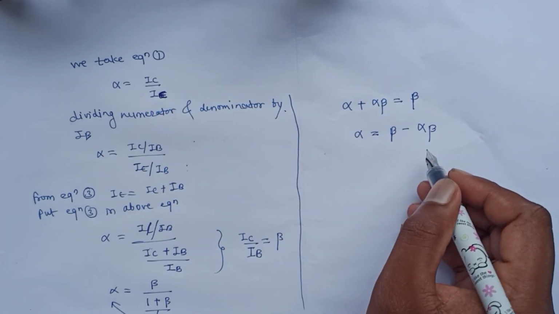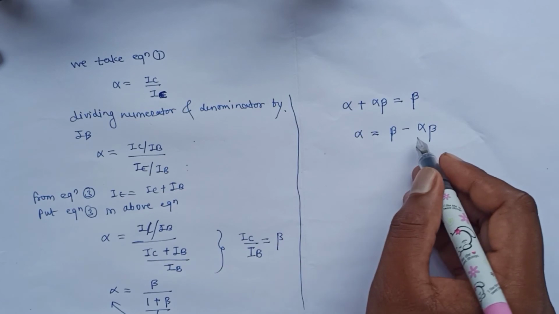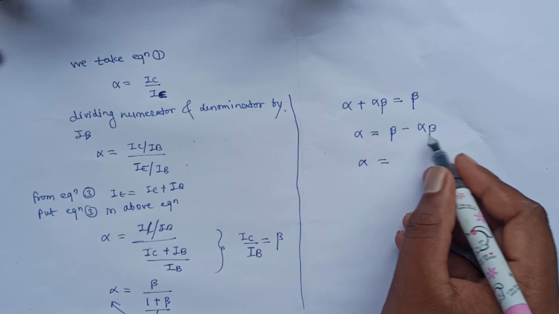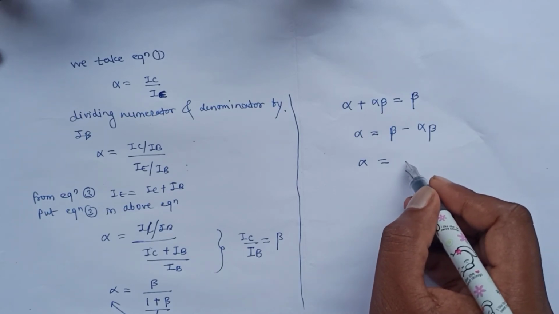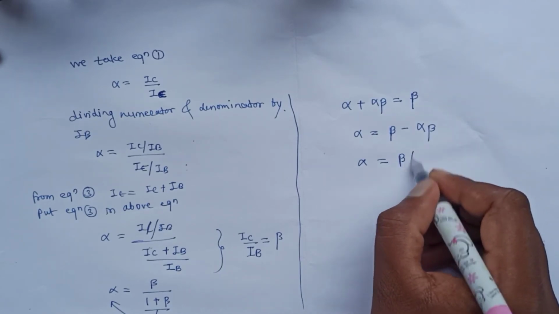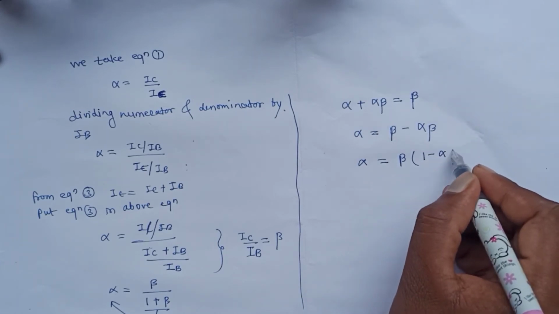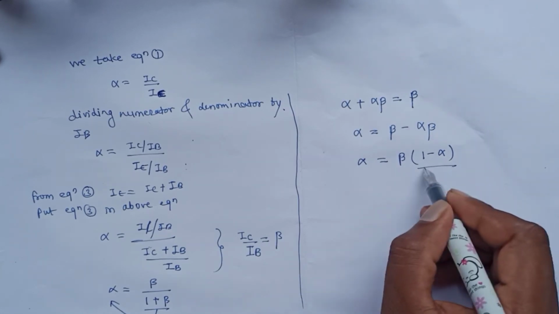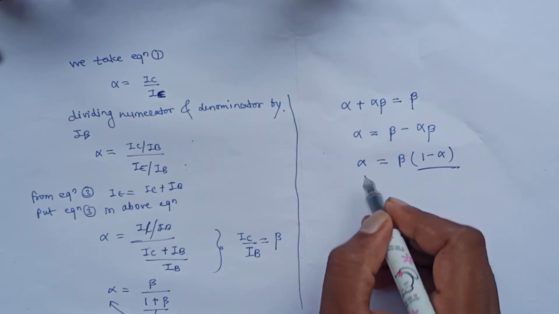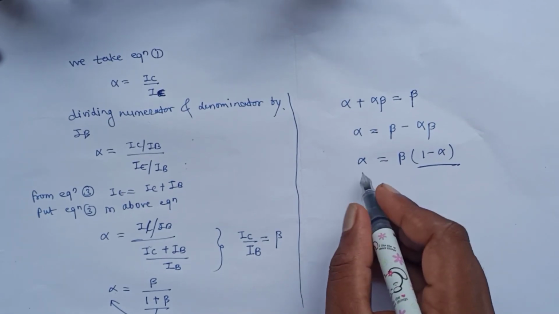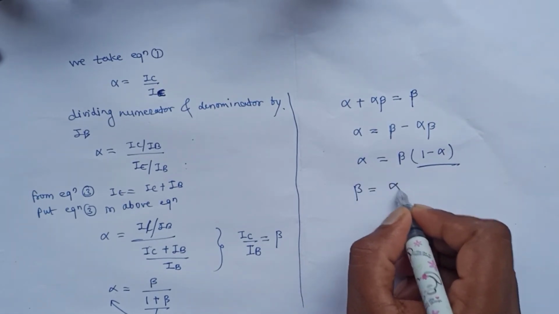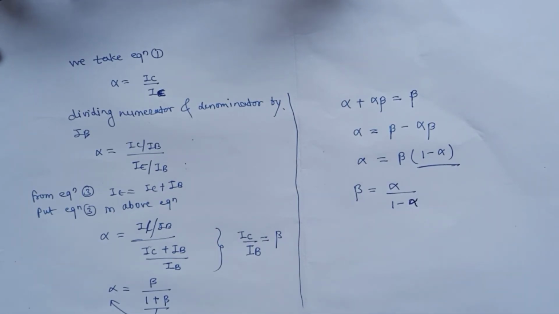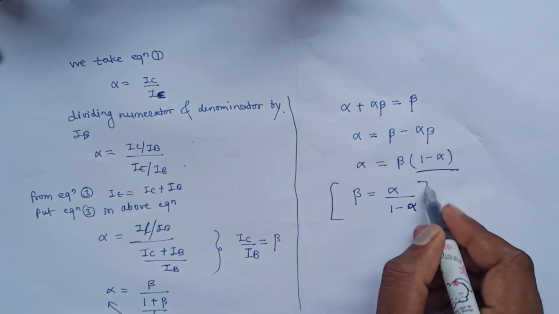Take beta as a common, so alpha is equal to beta in bracket 1 minus alpha. This 1 minus alpha will go to the denominator side and you will get the value beta is equal to alpha upon 1 minus alpha.